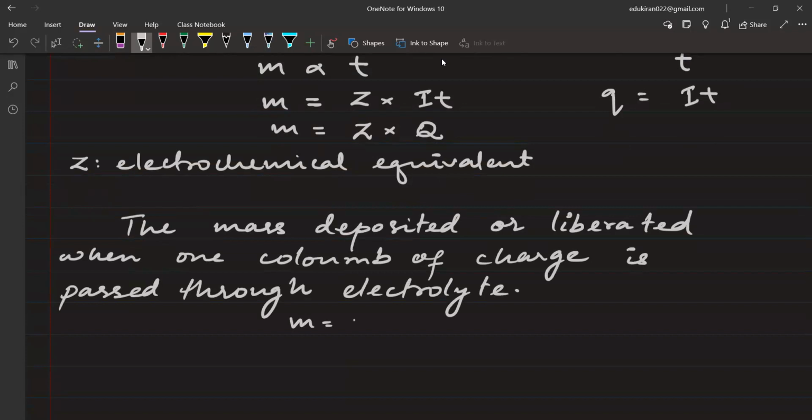So M is equal to Z into Q. When Q is equal to 1, Z will be equal to M.